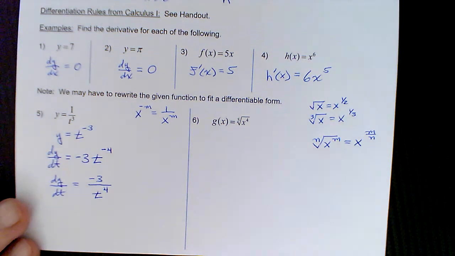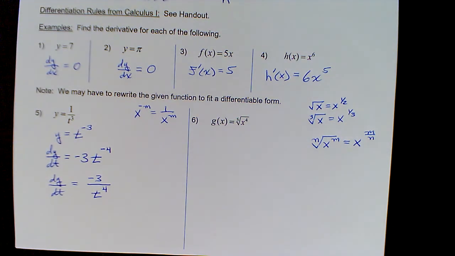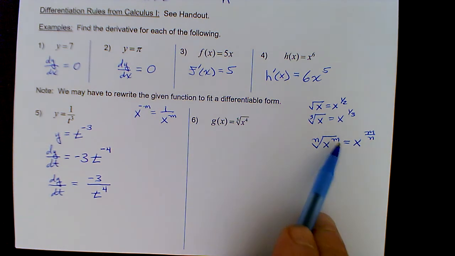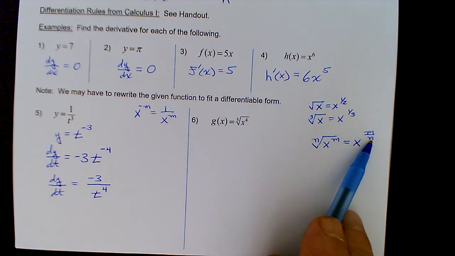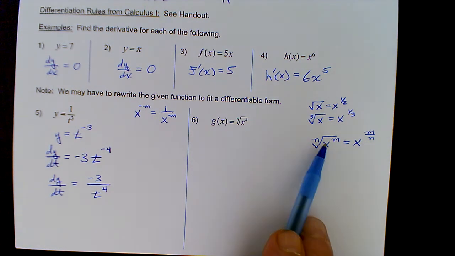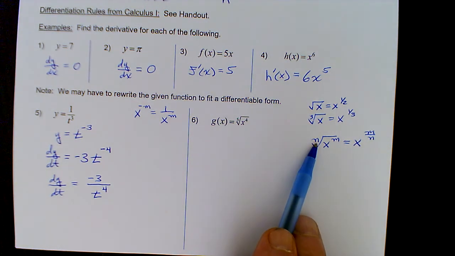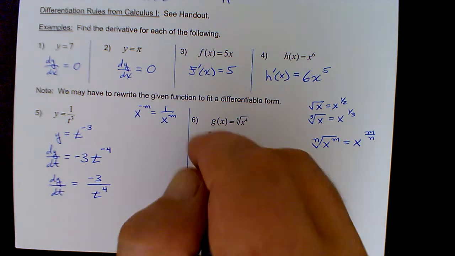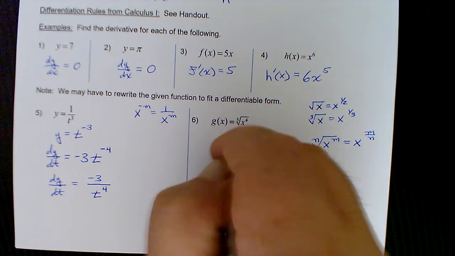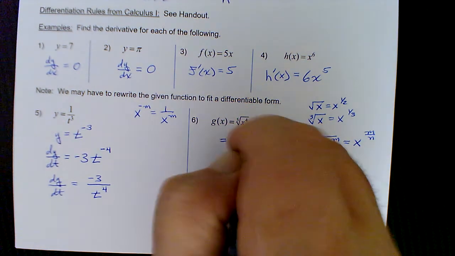So radicals are rational exponents where the numerator of that rational or fractional exponent is the power, m, and the denominator of that rational exponent is the index of the radical, n. So in this case, we could rewrite this as x to the 4/5.